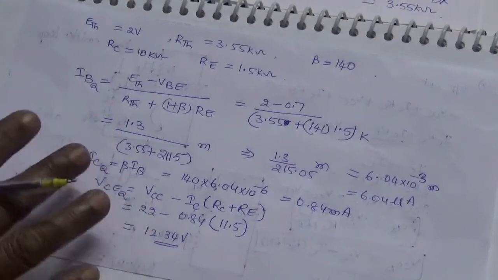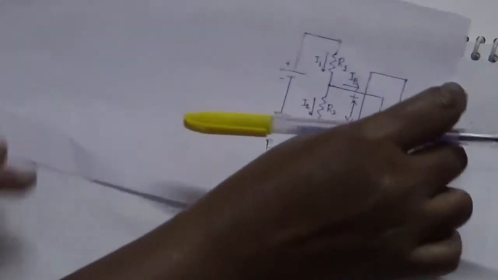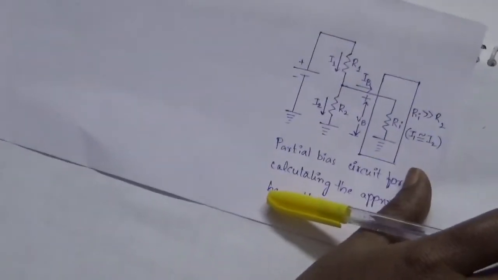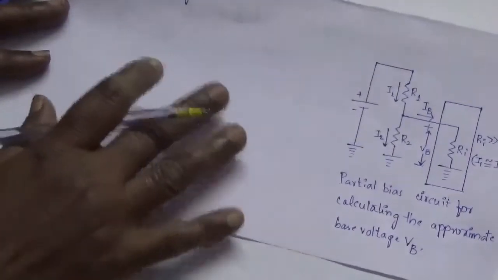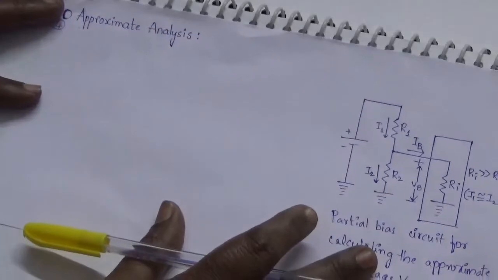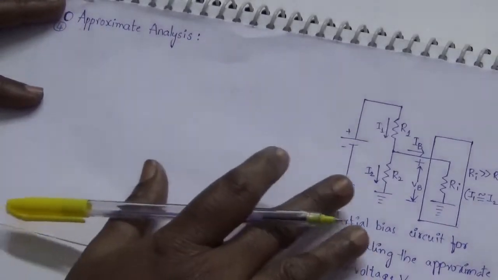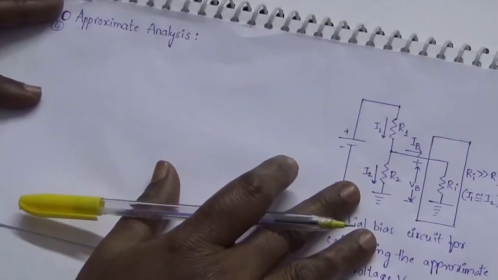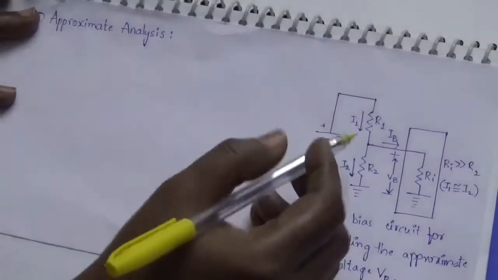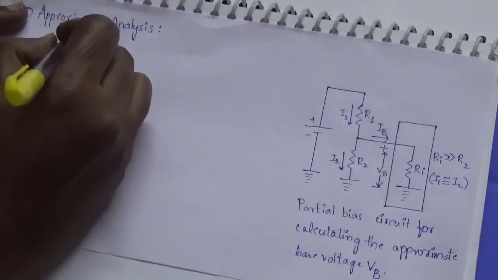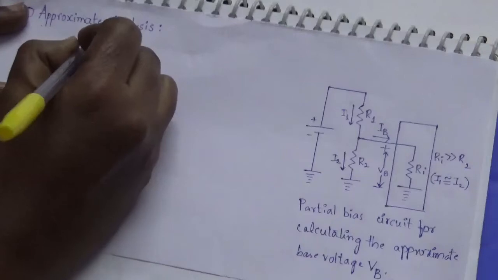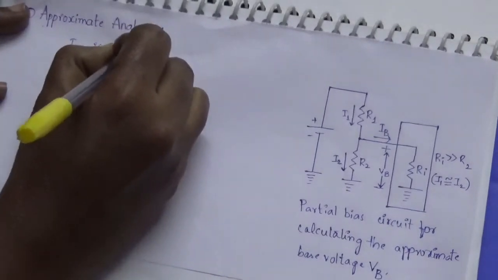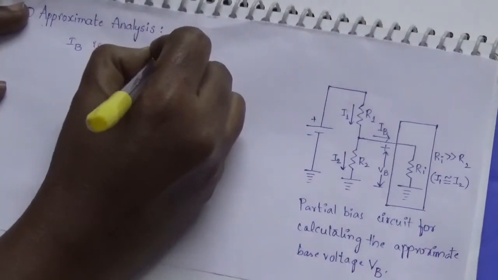Let us see what we assume in the approximate analysis. What is the approximate analysis? Here this is the approximate analysis. The first assumption is that IB is very, very small.